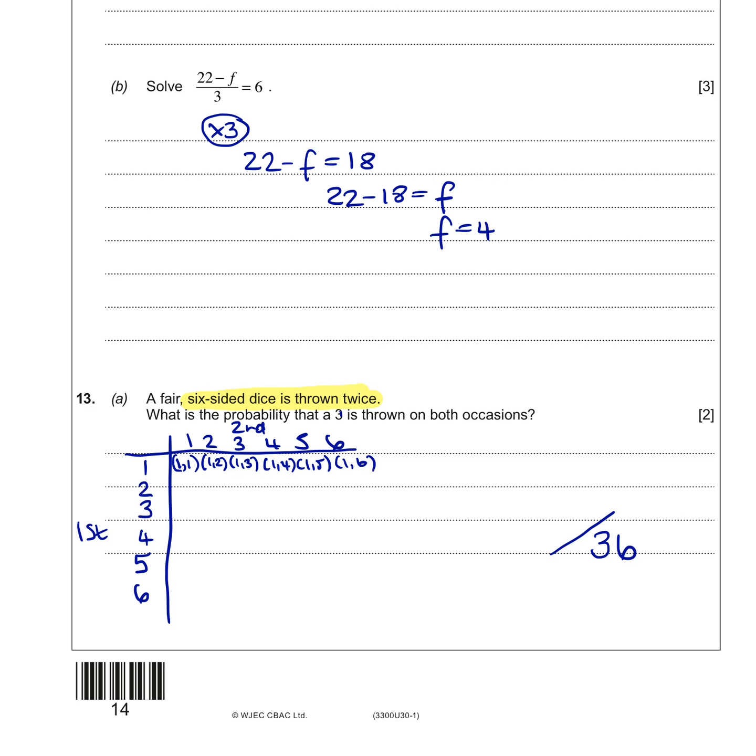If I'm looking for the 3 to be thrown on both occasions, the only way that can happen is here with the 3 3. So there's 1 out of 36 as the probability that a 3 is thrown on both occasions.